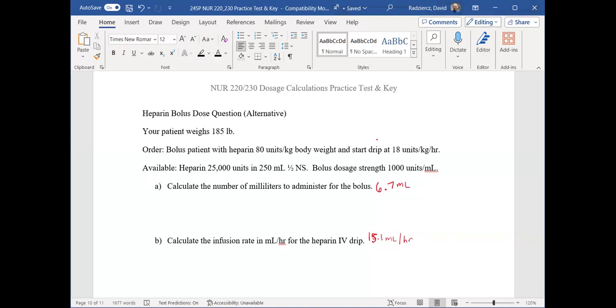Now, I did it without rounding my pounds to kilograms, but I also did it both ways. So I did it where you do round. Someone gave me that information: 84.1 kilograms. That was the rounded answer because it was 84.090909 or something like that.